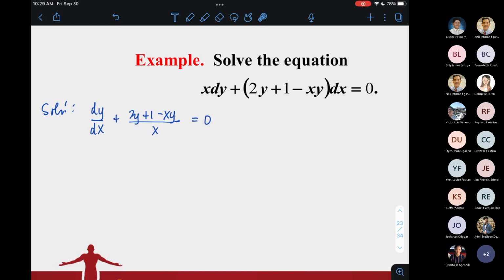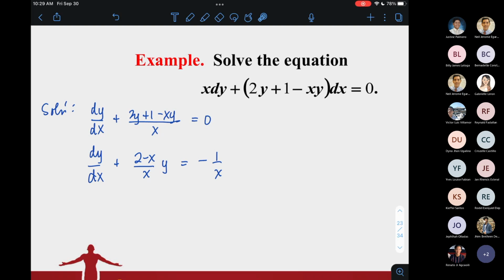So, papunta tayo sa standard form. Ano yung standard form? Dapat yung second term sa left-hand side dapat ay function na x lamang times y. So, ito at saka ito yung may y. So, dapat matira sila. Yung 1 over x, dapat ilipat ko sa kanan. Alright? Kasi sa kanan yung q of x, yung forcing term. So, essentially, this will become dy over dx plus (2 minus x) over x times y equals negative 1 over x.